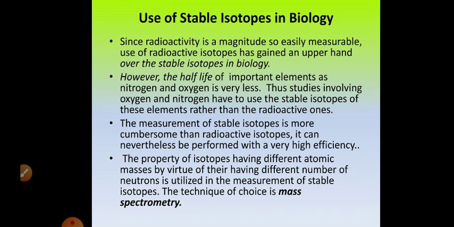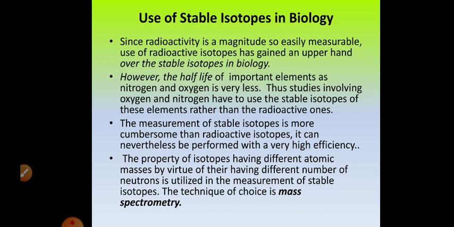They are rather unstable, like those of nitrogen and oxygen. We need to use isotopes of oxygen and nitrogen, but they have a very short half-life, so the studies involving oxygen and nitrogen have to use stable isotopes of these elements rather than radioactive ones.